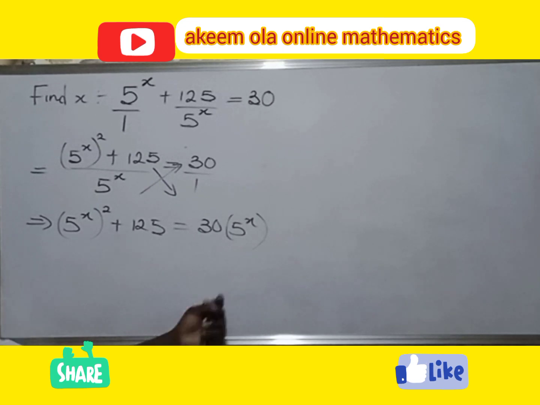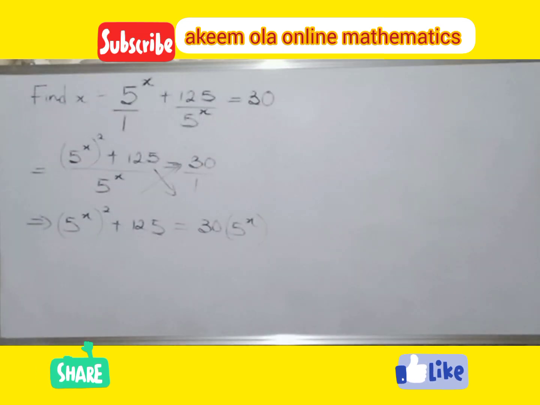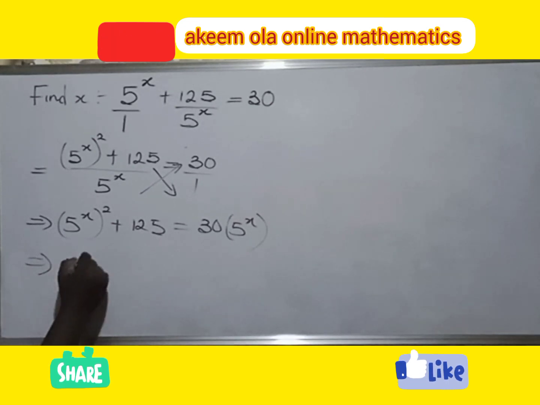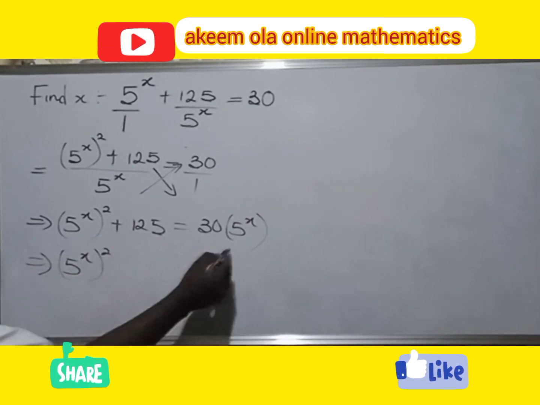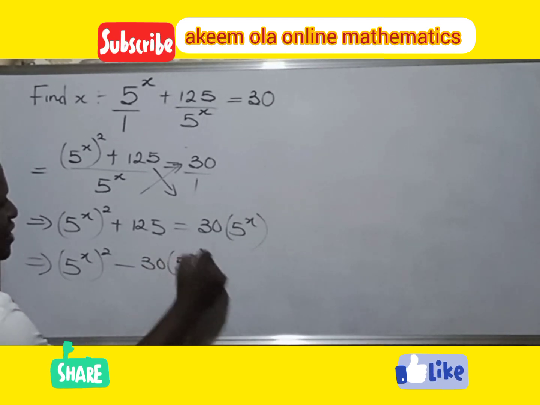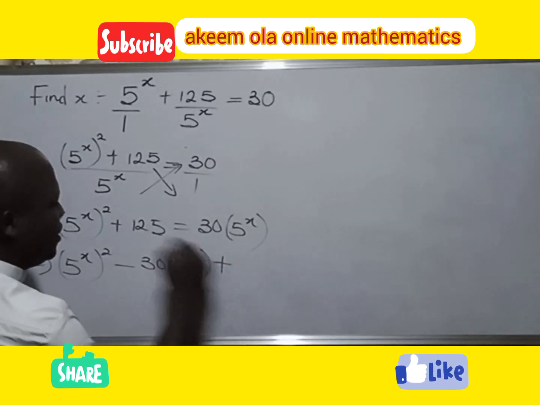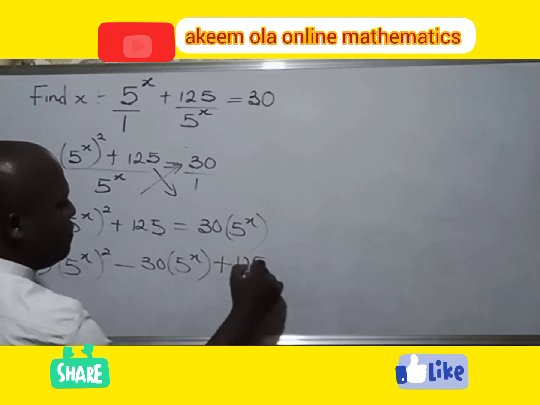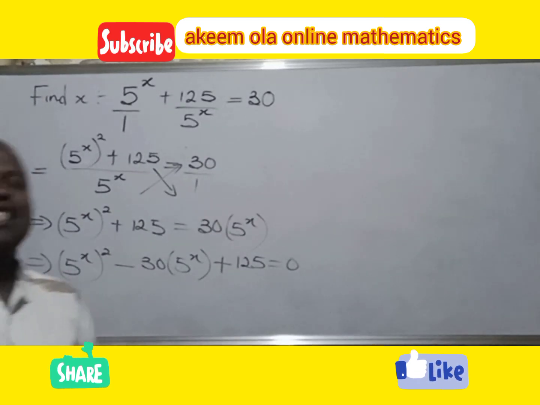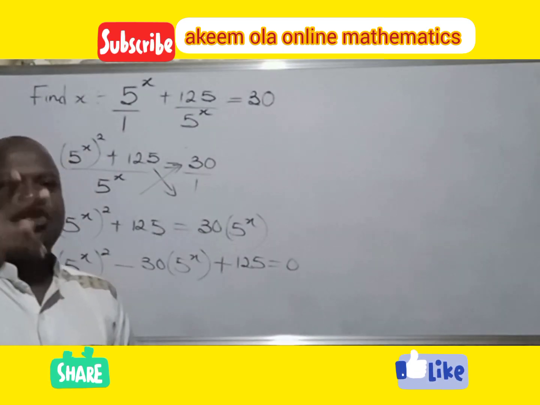So from here, I can move everything to this side and equate to 0. If I move everything to this side, we have 5 raised to power x squared minus 30 times 5 raised to power x plus this one is already there, 125, is now equal to 0. 5 raised to power x is common, so I can use a letter to represent 5 raised to power x.